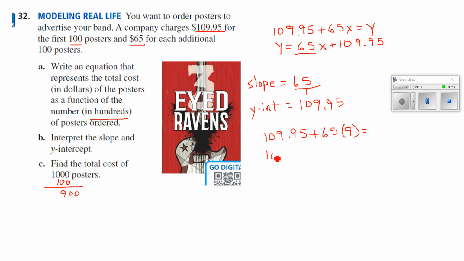Now we have 109.95. We need 65 times 9. 5 times 9 is 45. 6 times 9 is 54. 54 plus 4 is 58. So this is going to give us plus 585.